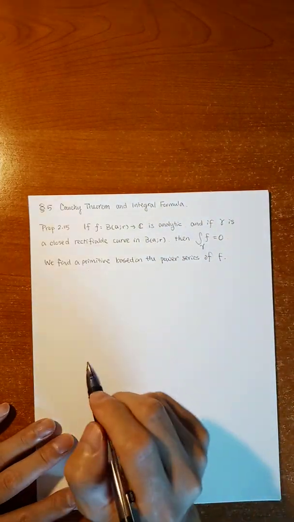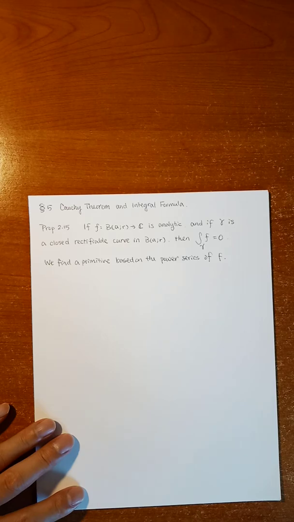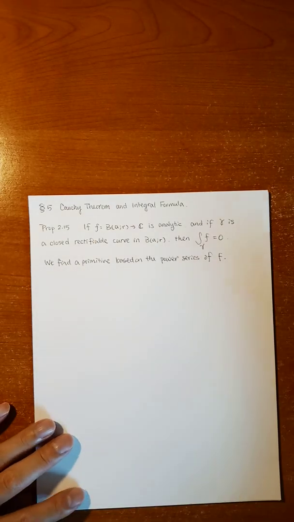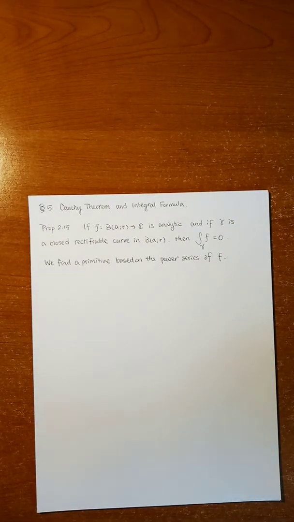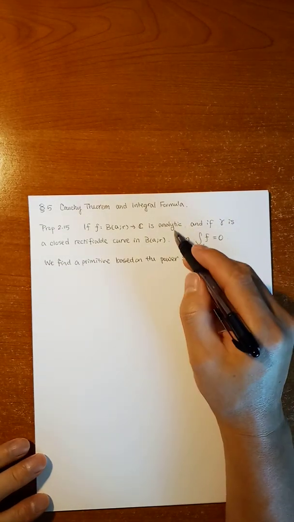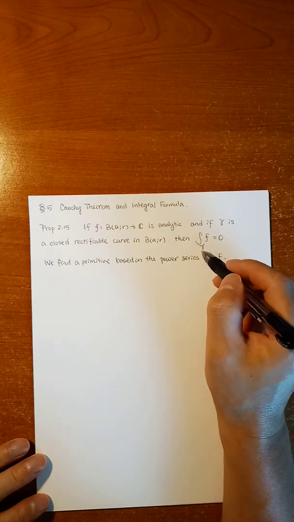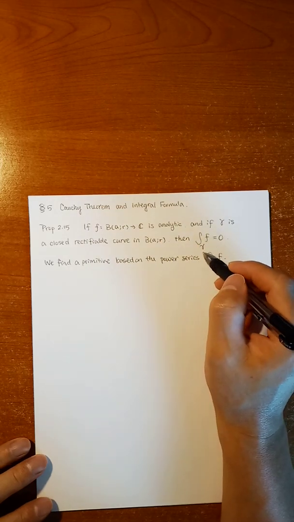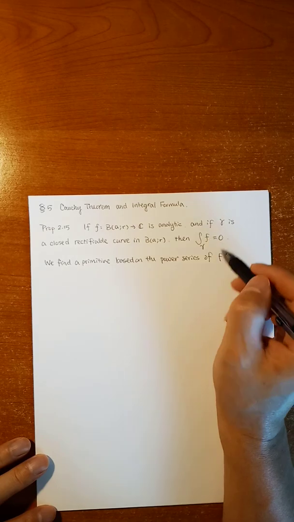So we use term by term anti-differentiation to make sure that the series converges and get it. But we know this is for a closed rectifiable curve. In general, the integral is not always 0.